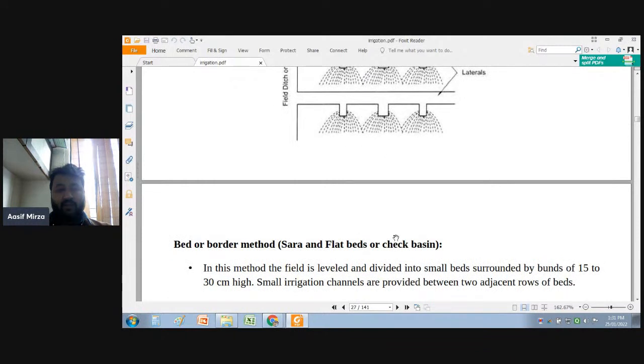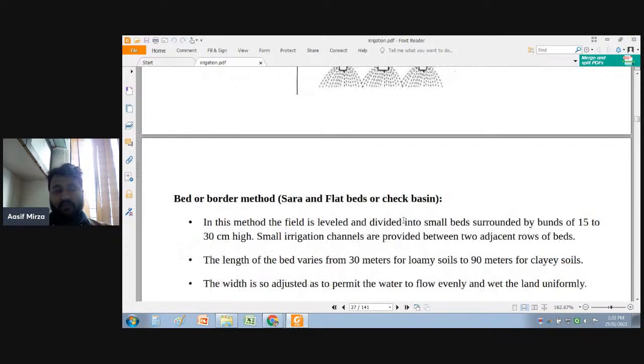Okay, now the bed or the border methods. So, Sara and flat beds or check basin. In this method, the field is leveled and divided into small beds surrounded by bunds 15 to 30 centimeters high. Small irrigation channels are provided between two adjacent rows of beds.